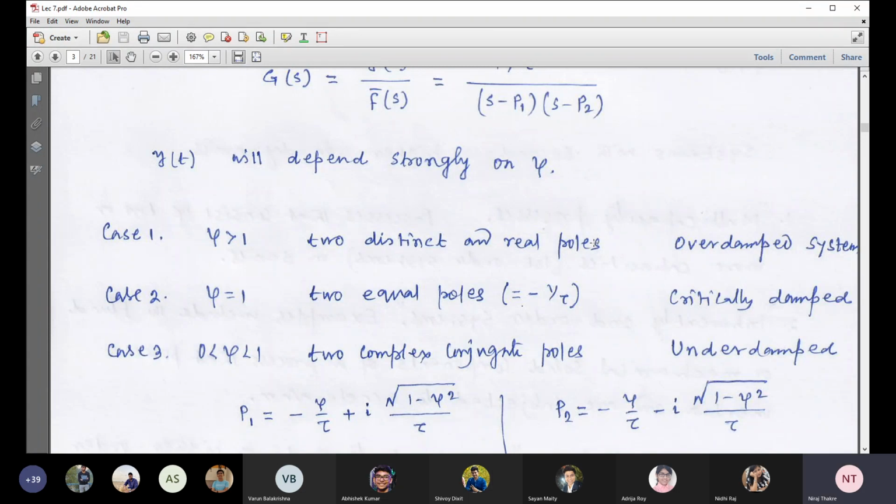If we consider zeta less than 1, in fact in between 0 and 1, we get two complex conjugate poles. And the corresponding system is underdamped system. And the poles are as written, P1 and P2.